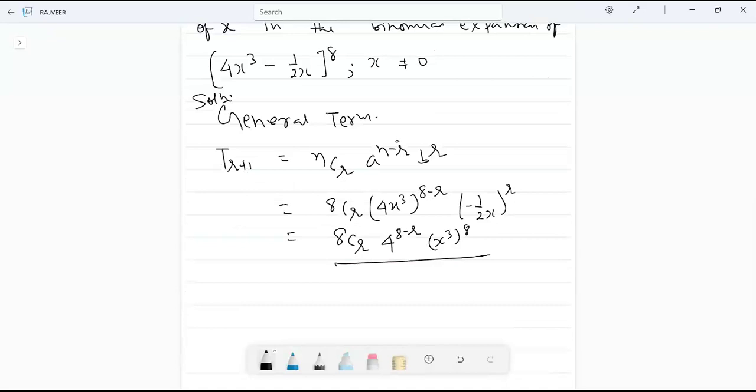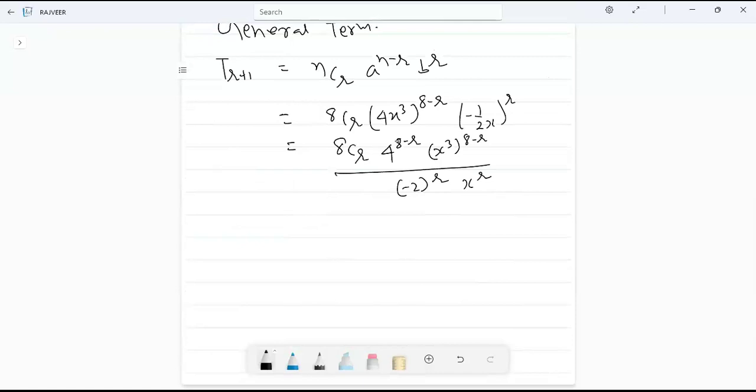So minus 2x to the power r can be written as minus 2 to the power r, x to the power r. This is 8 minus r.